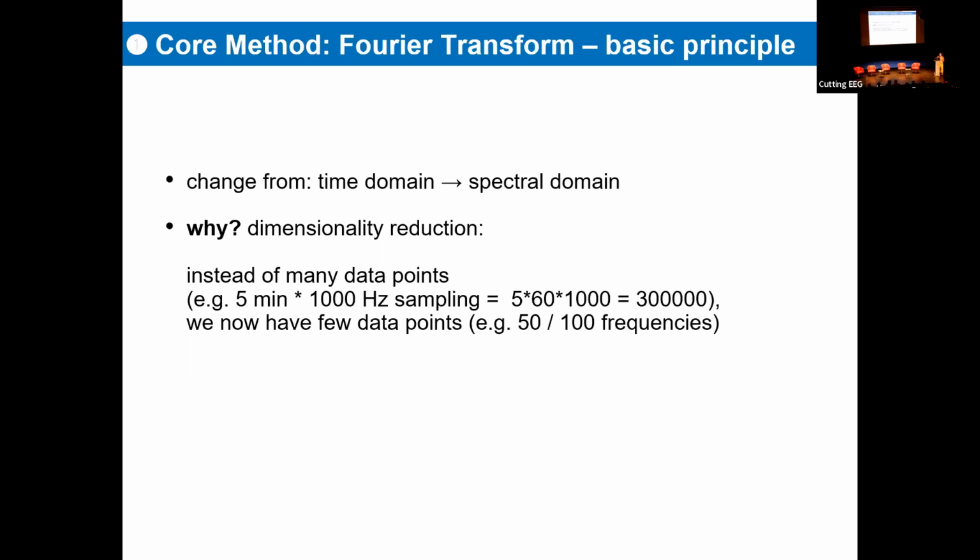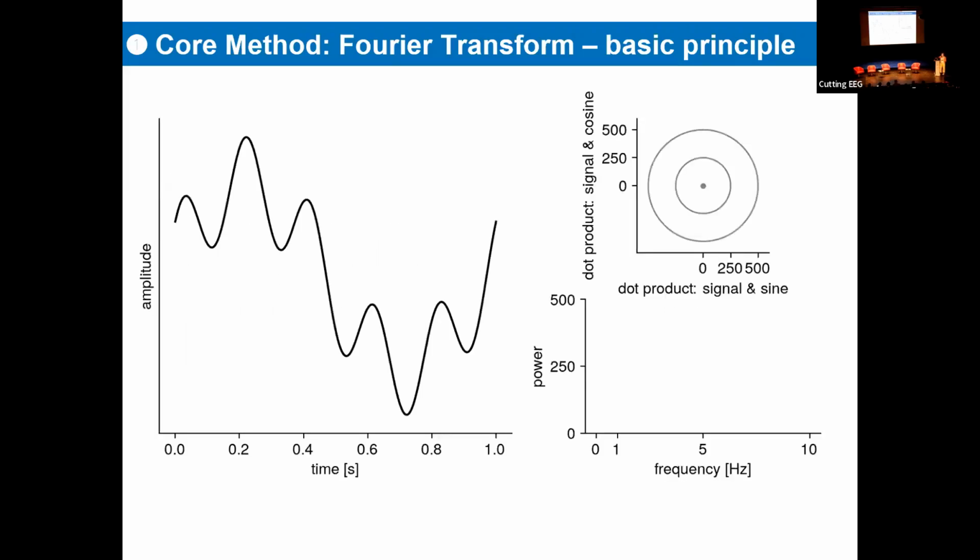Sometimes you have a strong intuition what frequency band would be very interesting for your analysis. So maybe you can just reduce the number to 1, which you then can easily compare across conditions. So what is happening with this method? Here you see a small portion of a signal.